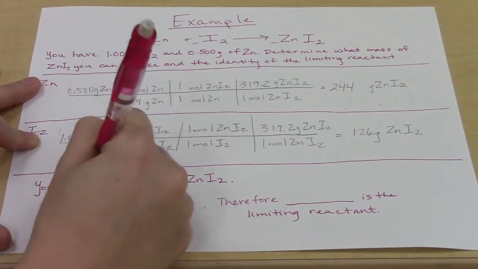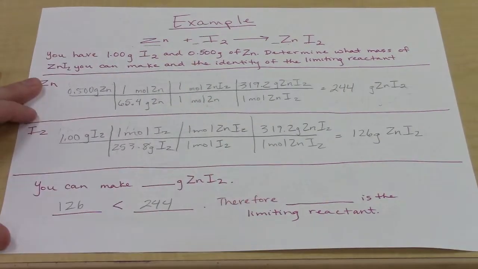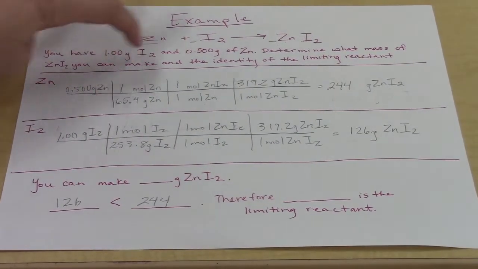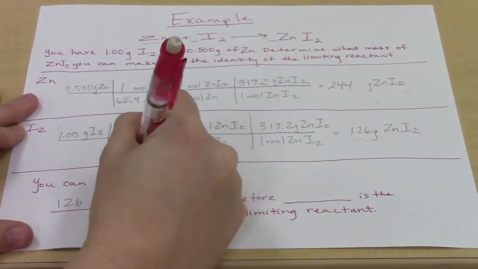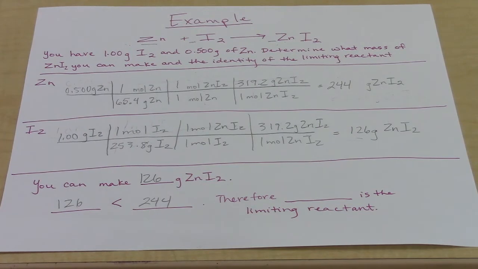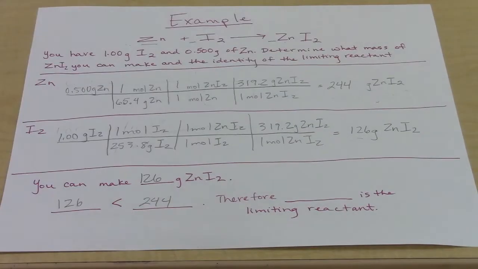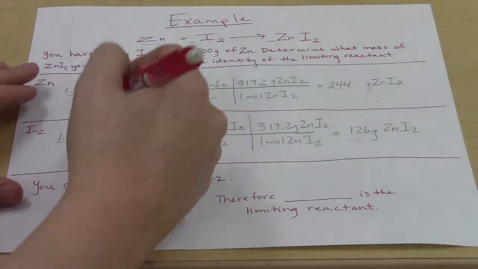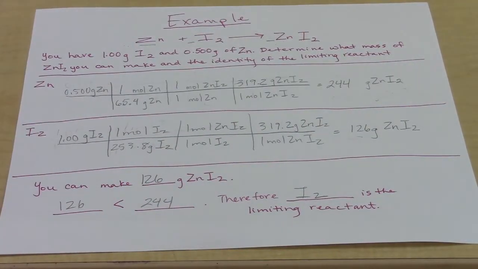So given these 2 ingredients, the maximum amount of zinc iodide you could make is 126 grams, in the same way that in our cupcakes, the most we could possibly make was 16. So that means our limiting reactant is iodine. Hooray!